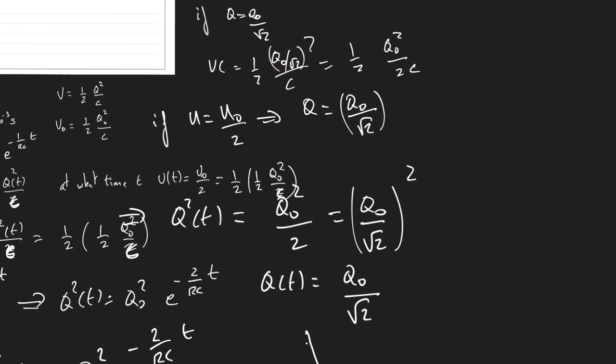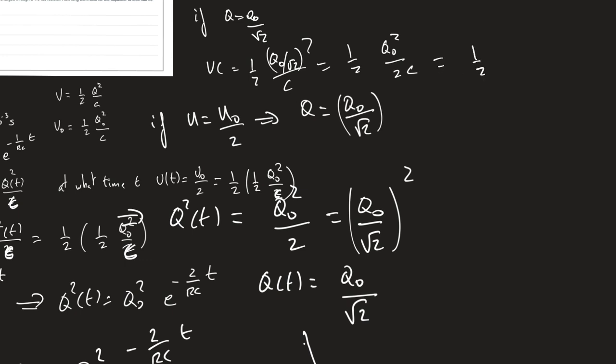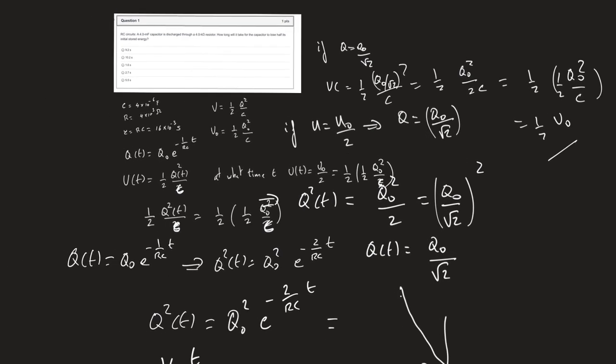So it will be 1/2 of Q0 squared divided by C, halved. It will be 1/2 of U0. So I have checked that when Q is equal to Q0 divided by square root of 2, the stored energy decreased to half.